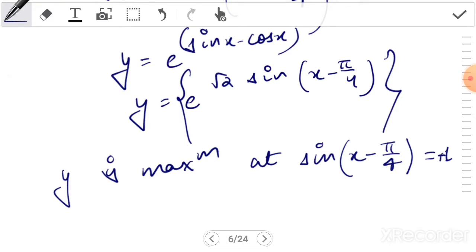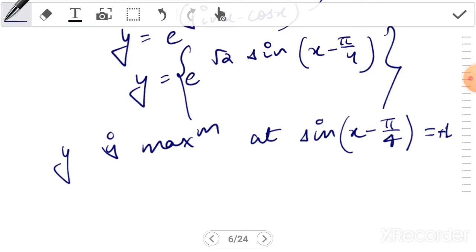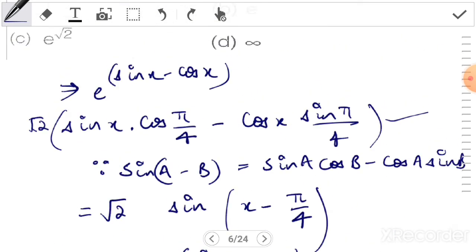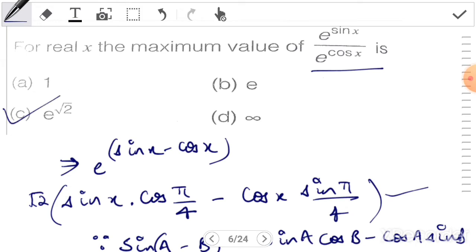Since the sine function takes values anywhere between plus 1 and minus 1, the maximum value of y is e raised to the power root 2 into 1, that is e raised to the power root 2. So C is the right answer.